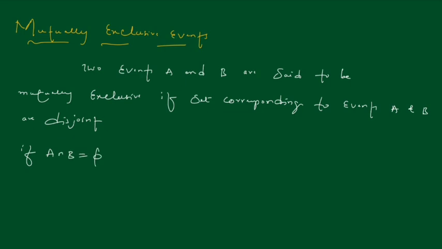So two events A and B are said to be mutually exclusive if the sets corresponding to the events A and B are disjoint. That is nothing but if A intersection B equals to what? We have phi, then we can say it is a mutually exclusive event.